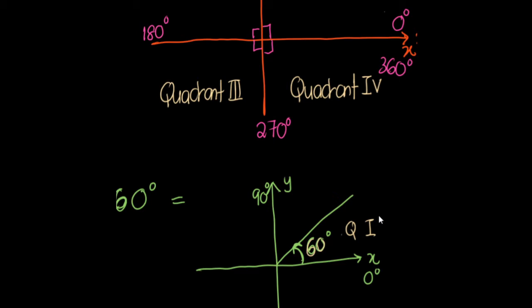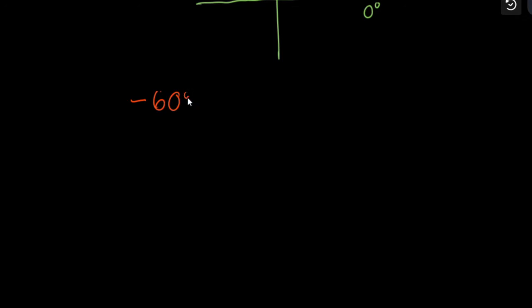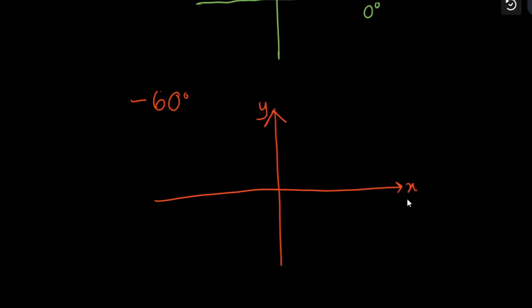Now if the teacher asks you to draw negative 60 degrees, first step, you draw your x-axis and y-axis. 0 is starting here, right? But this time your graph will move clockwise. So from here it goes this way to the bottom. Here you draw your 60. This is your negative 60 degrees.